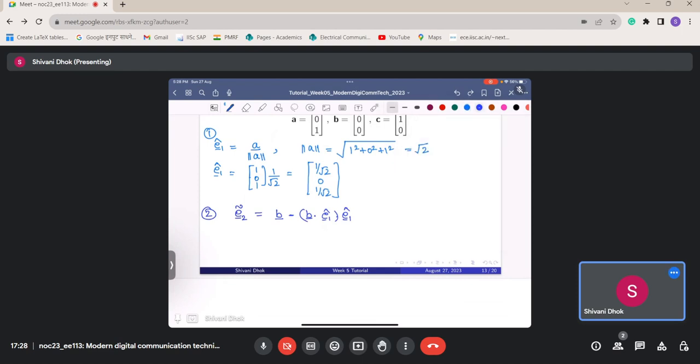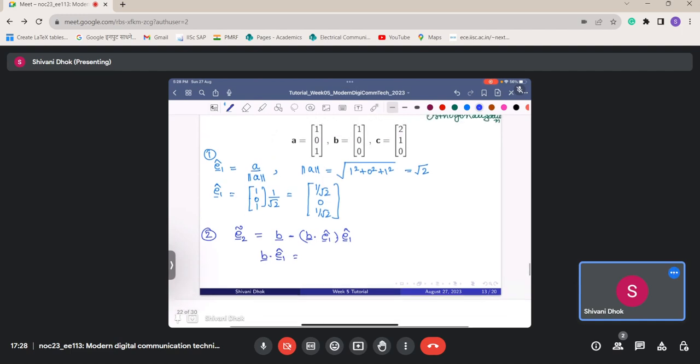Let us find B dot E1 hat. Let me write those vectors. This is (1, 0, 1) dot product with (1 by root 2, 0, 1 by root 2), which is element by element multiplication and adding. So this is 1 into 1 by root 2, 0 into 0, and 0 into 0, which is simply 1 by root 2.